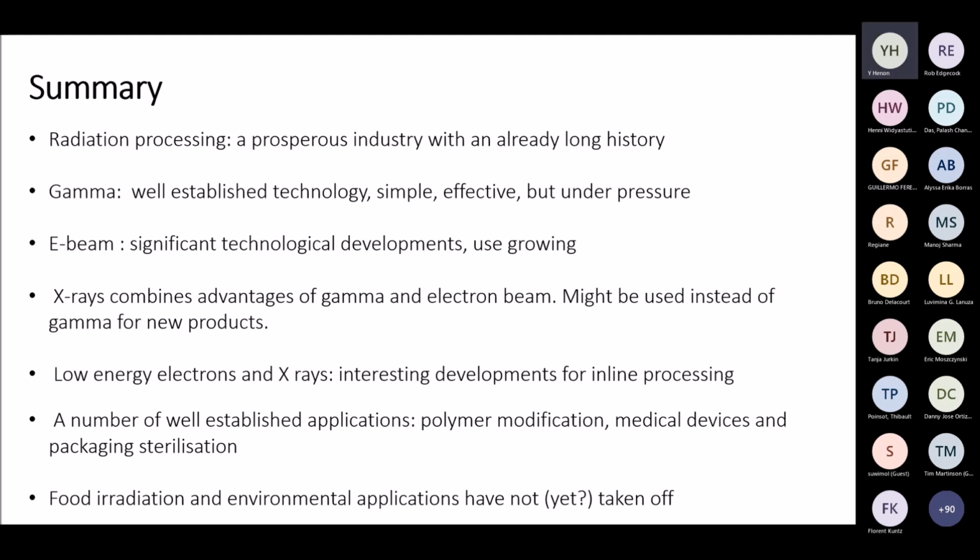Electron beams are growing, and we can understand why, and I'm sure there will be more and more accelerators in the coming years. X-rays are beautiful, but to this day they are quite expensive and they are new.